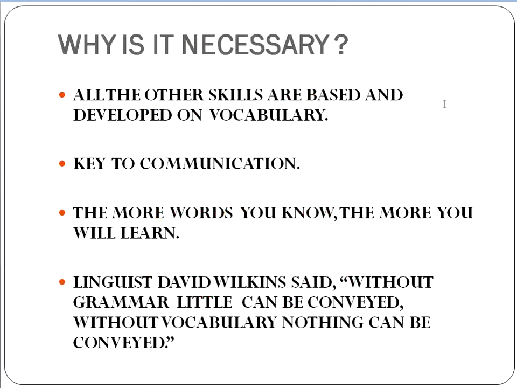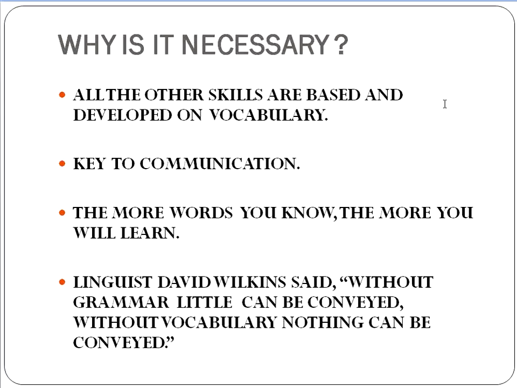So at the very outset, we should know why teaching English vocabulary is necessary for second language learners. Okay, so we have certain points. Just have a look. What is the first point? The first point is all the other skills are based and developed on vocabulary.